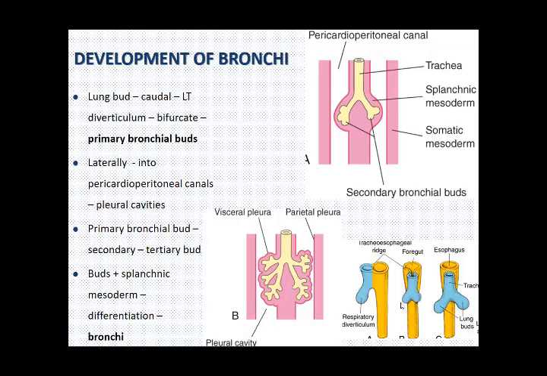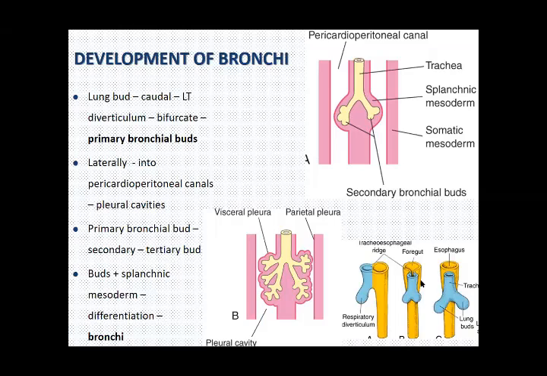They grow laterally. ये देख लीजिए, they are growing laterally. As they grow laterally, ये जो trachea है, this then elongates. So the connection between the pharynx and the bronchial bud, ये elongate कर जाती है and develops into the trachea.